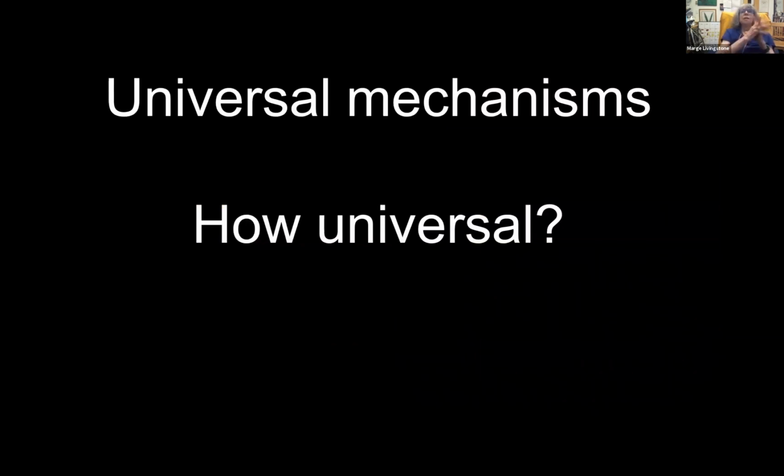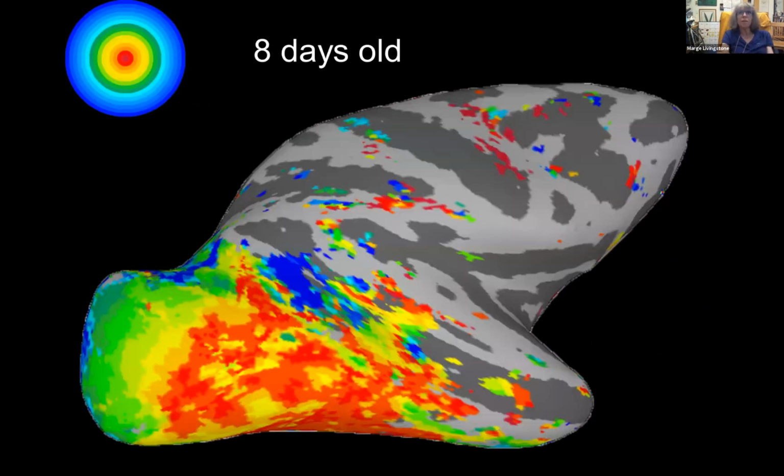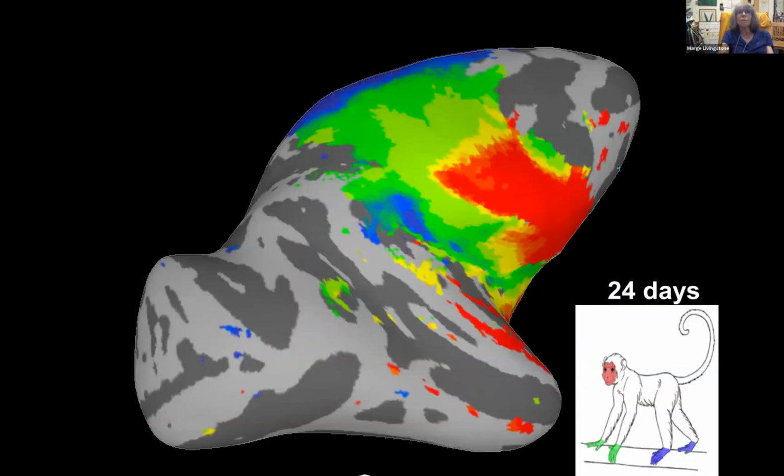So I'm proposing that these self-organizing mechanisms acting on a map are universal. How universal? Well, at least down to frogs and beyond just vision. So here's the map of visual eccentricity in a newborn monkey. And here's a body map encompassing both somatosensory and motor cortices in a baby monkey.